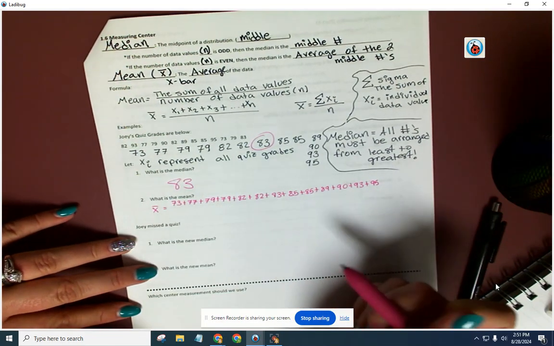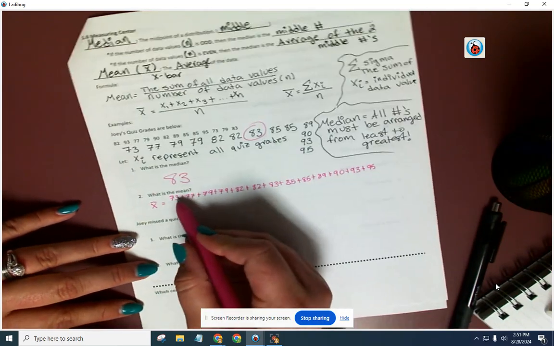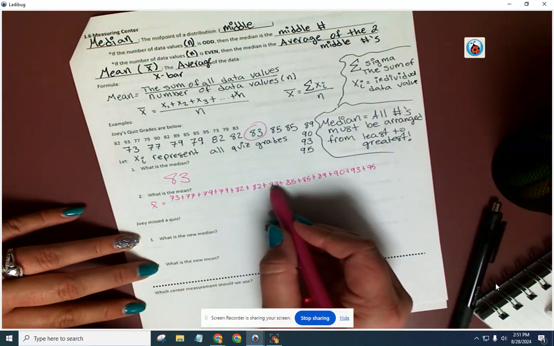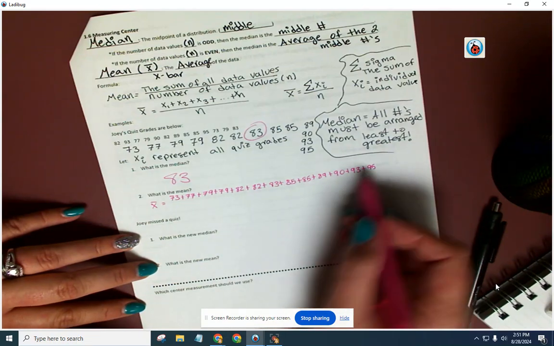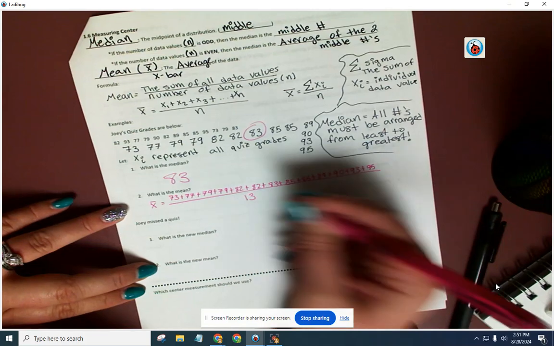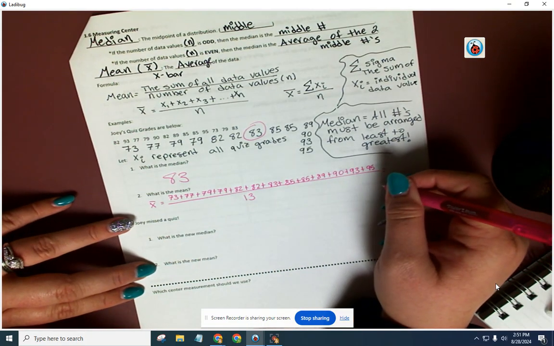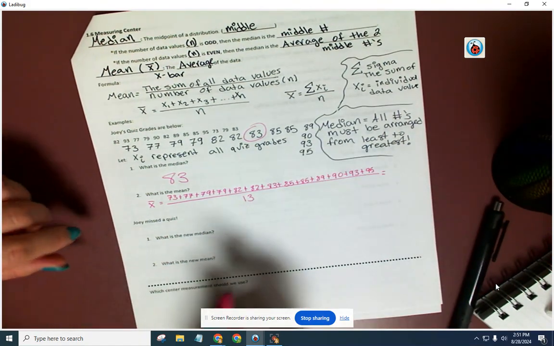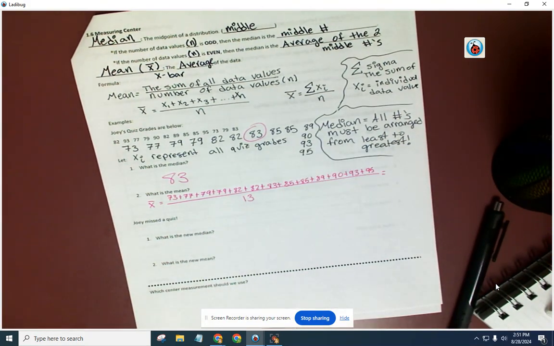Okay, now we count how many numbers those were: 1, 2, 3, 4, 5, 6, 7, 8, 9, 10, 11, 12, 13 different numbers. So we divide by 13. The top number is, I believe, 1,092, but we're going to check just to make sure.